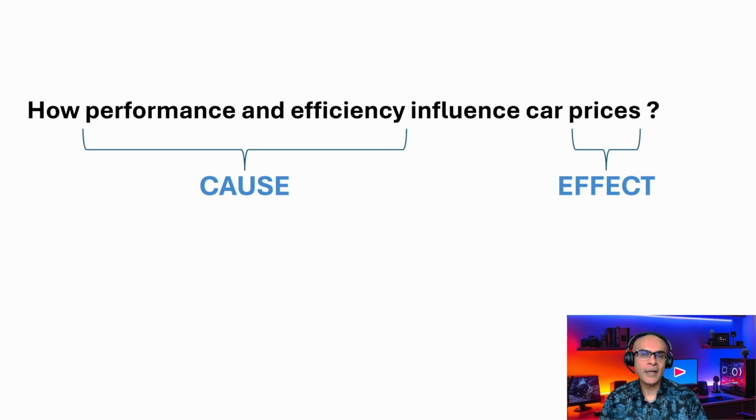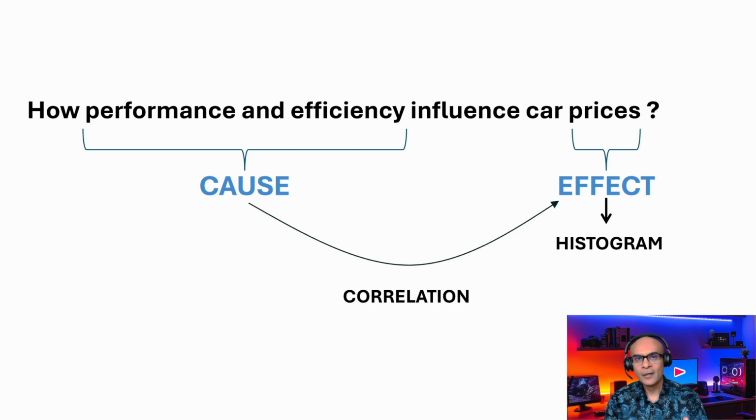So I can make a histogram analysis on the target variable of price, which will help me understand how the price is varying, and I can also make a correlation matrix between performance and efficiency with respect to the price, which will give me the relation between the causal variables and my target variable.